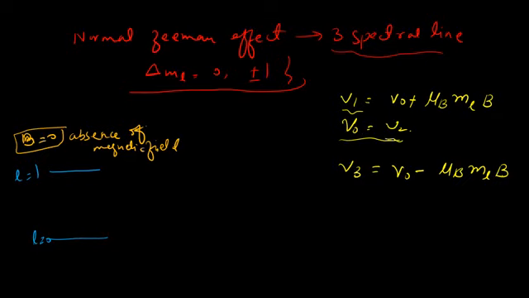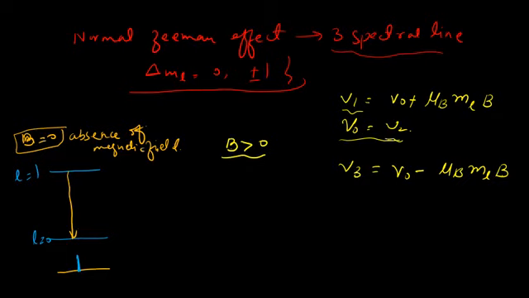Then there will be a transition from L equal to 1 to L equal to 0. So in this case we observe only a single line when there is no magnetic field. Now let's suppose we apply a magnetic field greater than 0, that is, in the presence of a magnetic field.